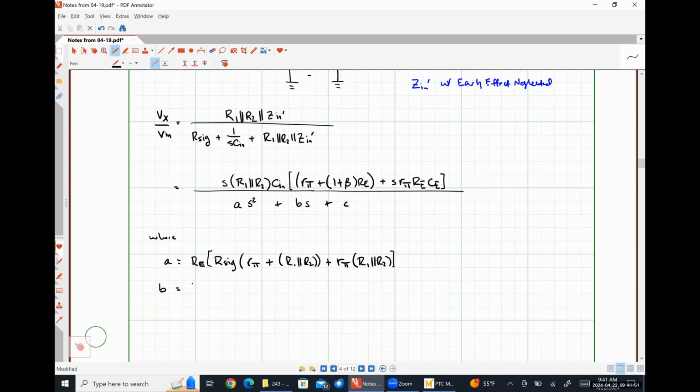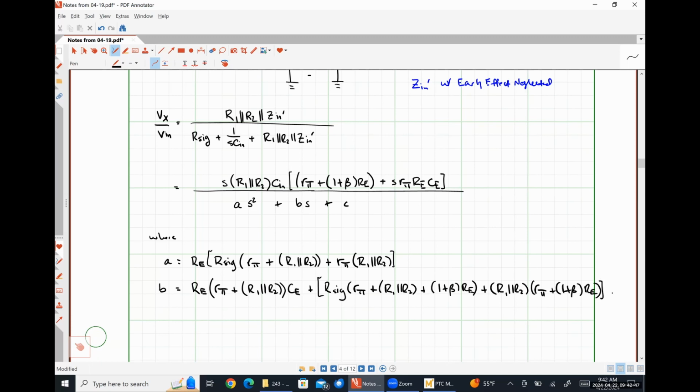B, I found to be Re times (R pi plus R1 in parallel with R2) times CE, plus open brackets R sig times (R pi plus R1 in parallel with R2) plus (1 plus beta) RE, plus R1 in parallel with R2 times (R pi plus (1 plus beta) RE).